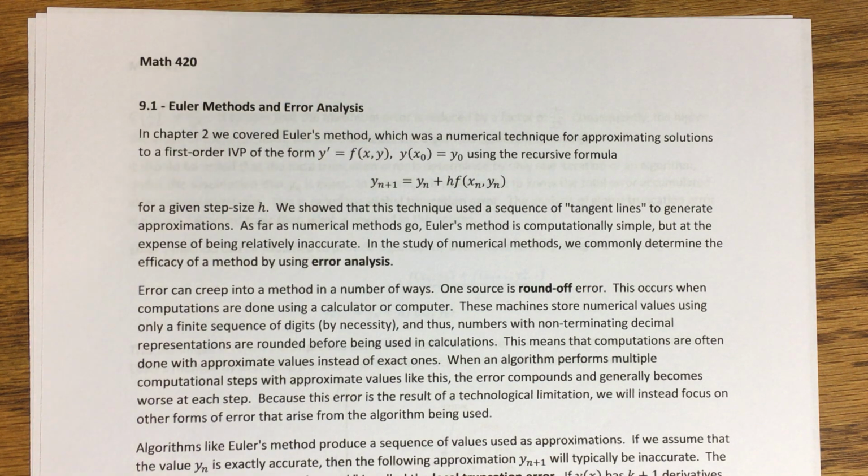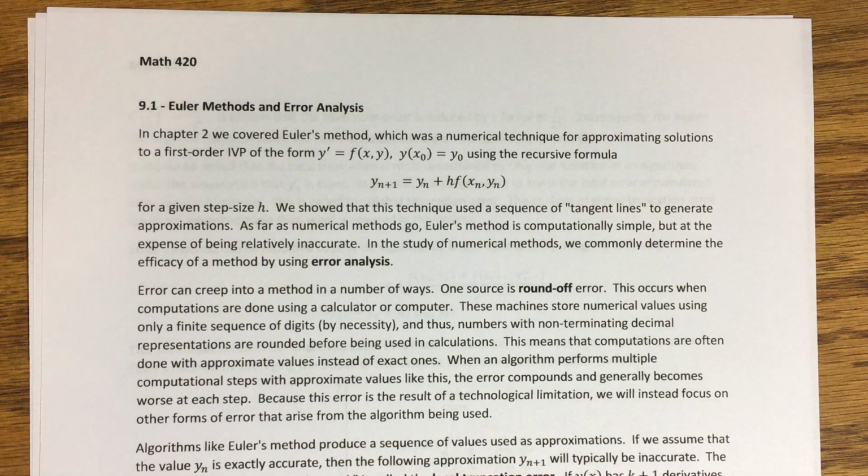In numerical analysis, we would say that it's an algorithm with a low cost, meaning it doesn't have to perform several complicated computations every step or every iteration. So for that reason, it's a fast-running algorithm, but the trade-off is that it's not very accurate.